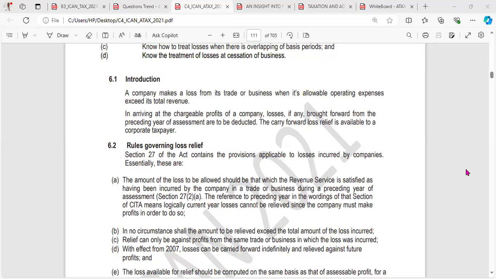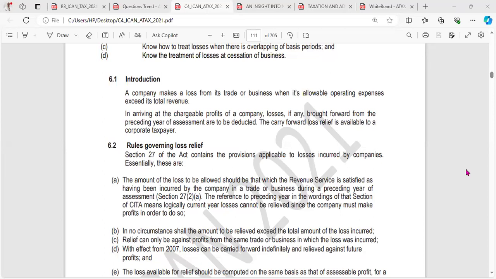Now, this particular rule was in vogue in the last regime of taxes where we used to have overlap and gaps. But in this regime now, where we don't have overlap or gaps, that rule does not hold because you will not encounter any instance when your total relief will be more than the loss.